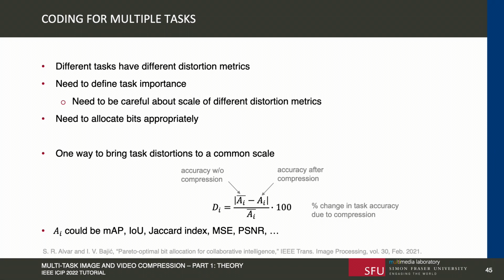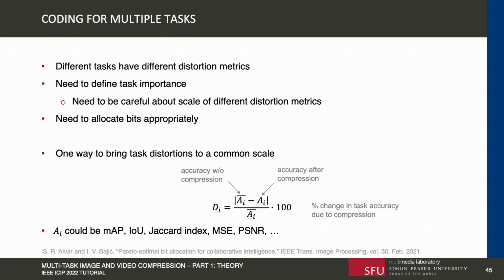In this expression, A bar is the task accuracy without compression, and A sub i is the task accuracy after compression. So D sub i in this expression would be the relative change in task accuracy due to compression, and it can be expressed on a scale 0 to 1 or in terms of percentages if you multiply it by 100.